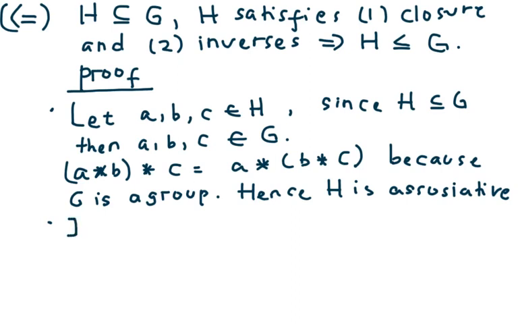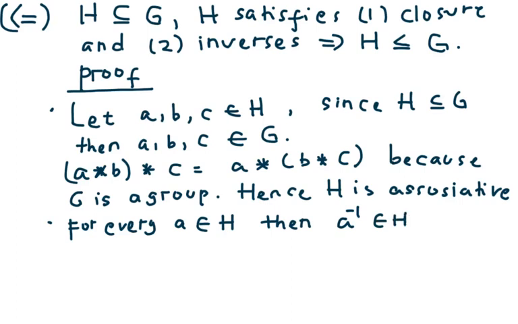So for every element A in H, we have A inverse in H such that A star A inverse equals A inverse star A. This is equal to E, which is the identity element.